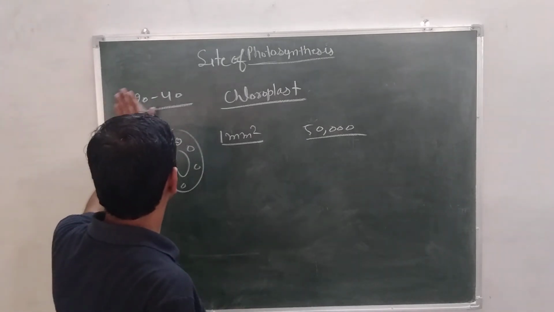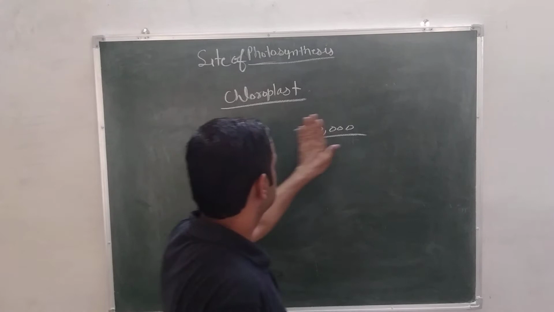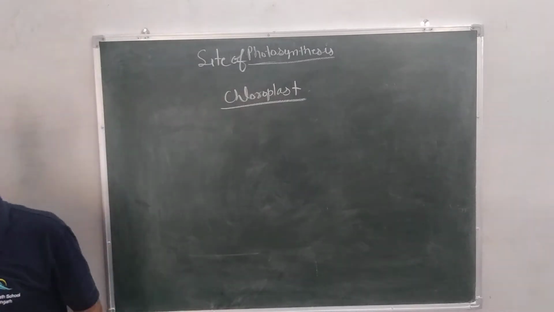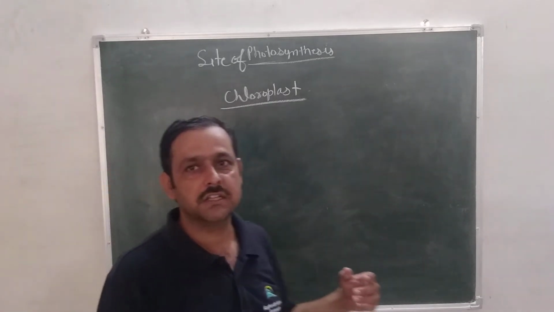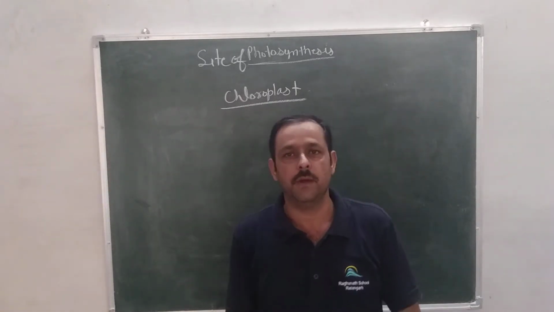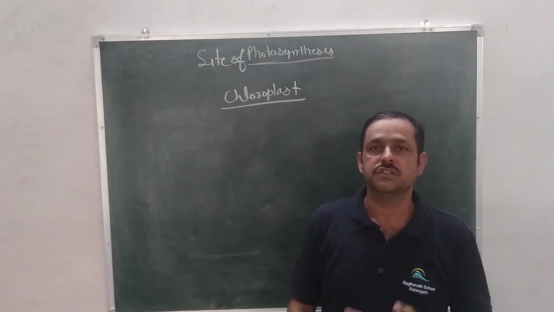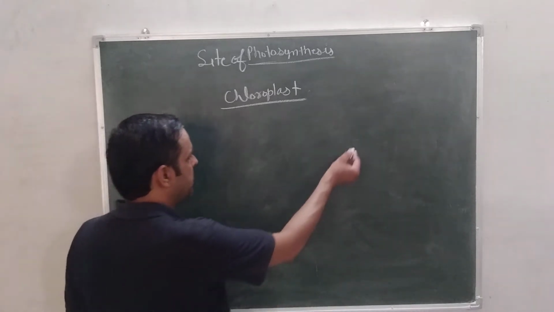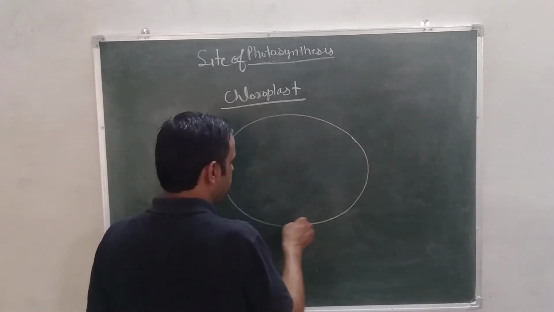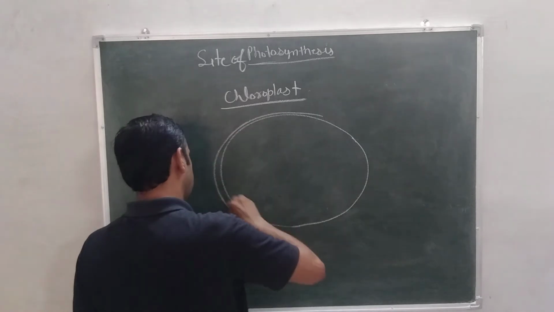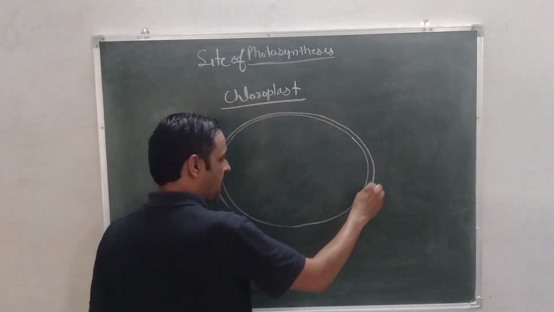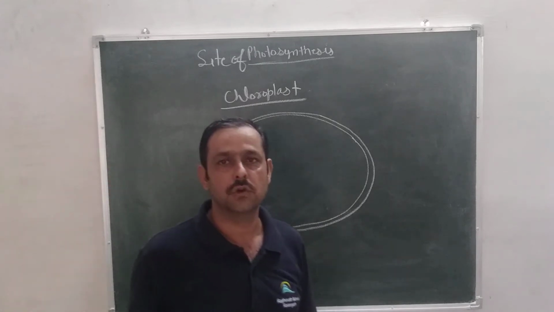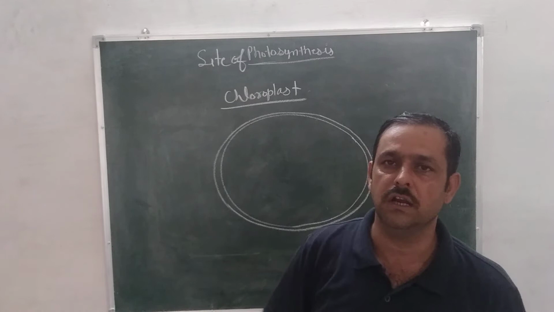Now here the question comes: structure of chloroplast. First of all, we can categorize all the cell organelles in three parts. Which are the three parts? Double membrane organelles, single membrane organelles, and membraneless organelles. So chloroplast is a double membrane organelle, and two organelles of the cell are called semi-autonomous organelles. Which ones?